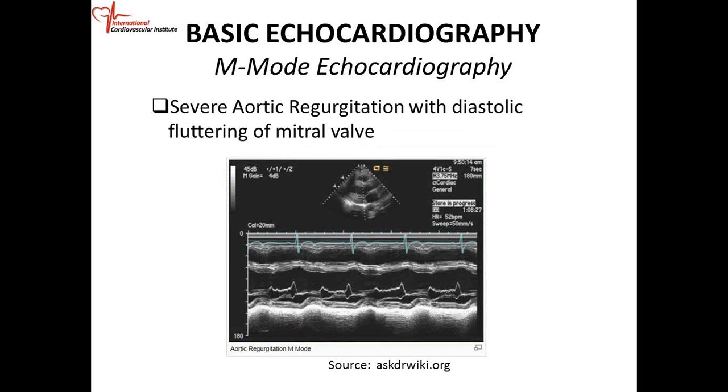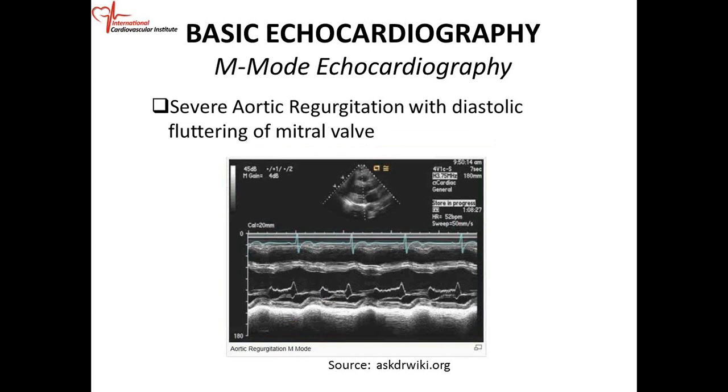When you have severe aortic regurgitation, looking at the heart in the parasternal long axis view, blood is going backwards across the aortic valve into the LV cavity. That blood which is regurgitating from the aorta is going to strike the anterior mitral leaflet, and it's going to cause it to flutter.